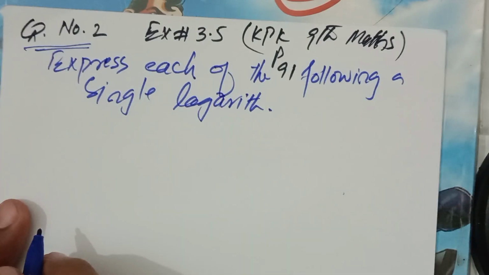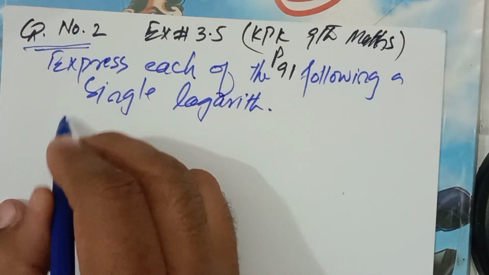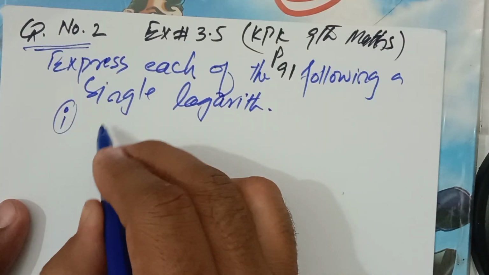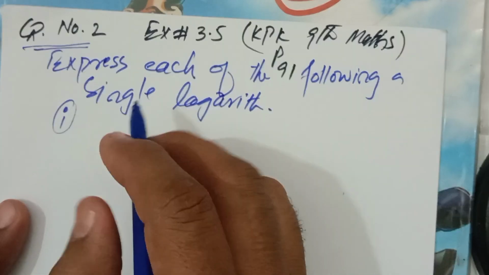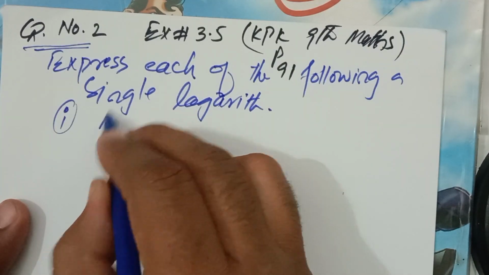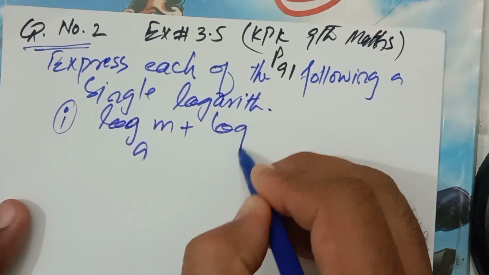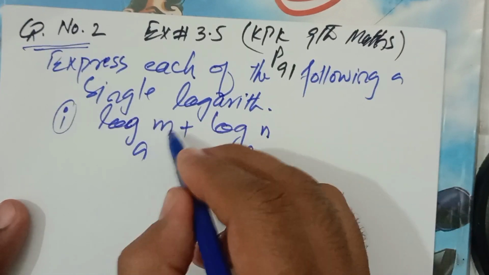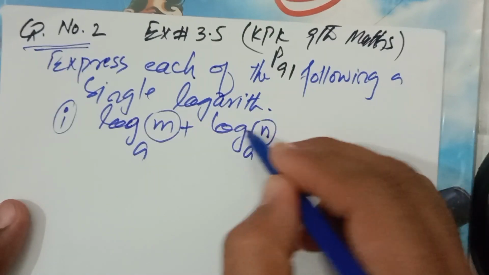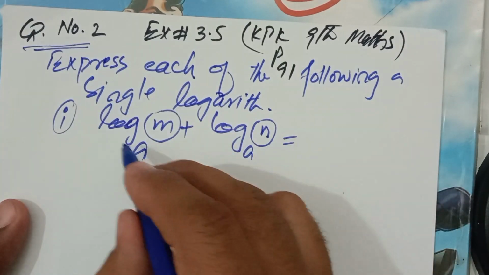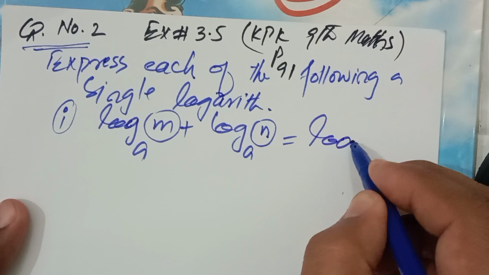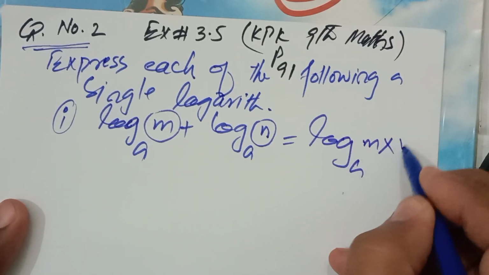So first let me write the logarithmic properties. Number one, if we have the sum of two logarithmic values like log a of m plus log a of n, then we will take a single log with base a of m times n.